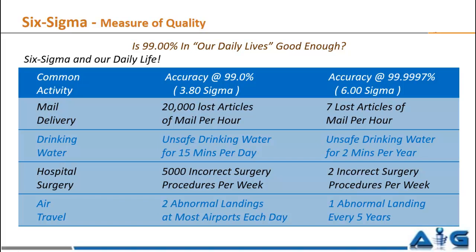If you have 1 abnormal landing every 5 years, maybe this is not an acceptable performance. So even if your business process is working at 99.9997%, it may still leave room to desire for more. 99% is grossly unacceptable in certain business areas.